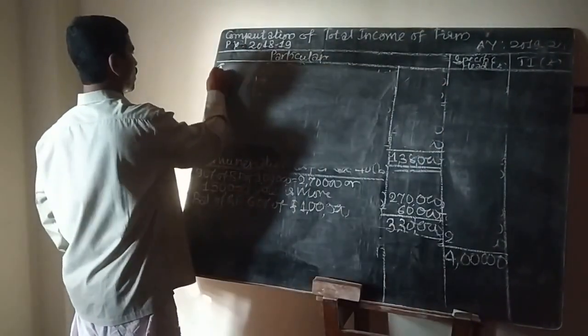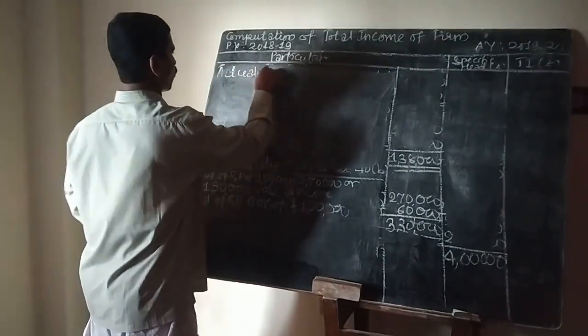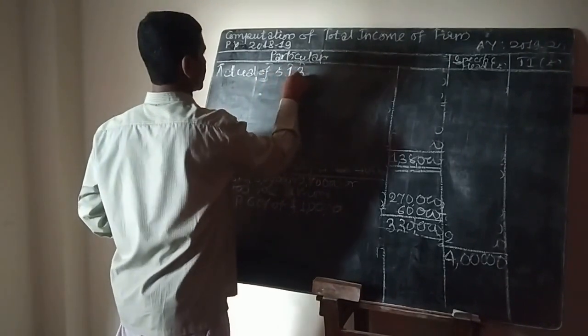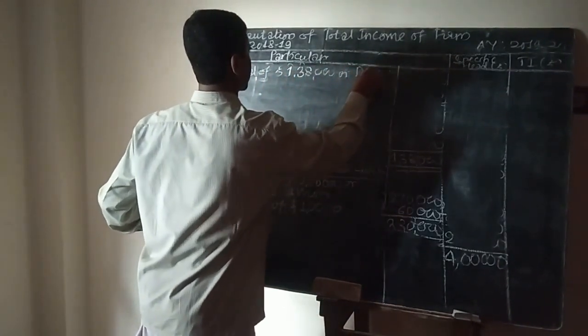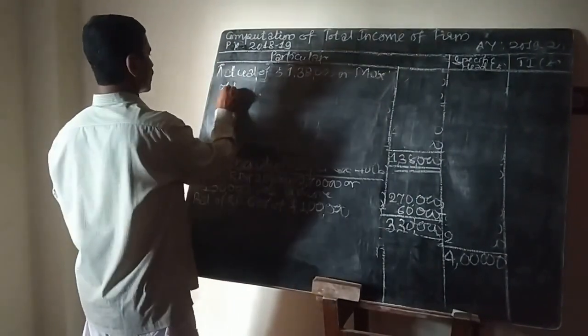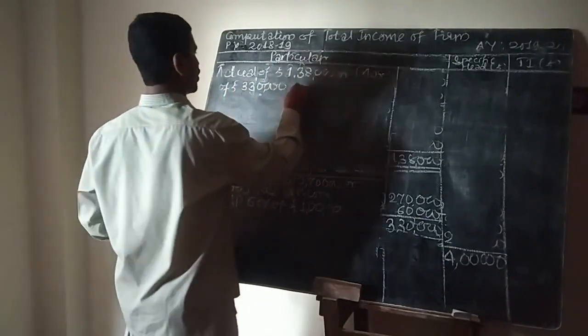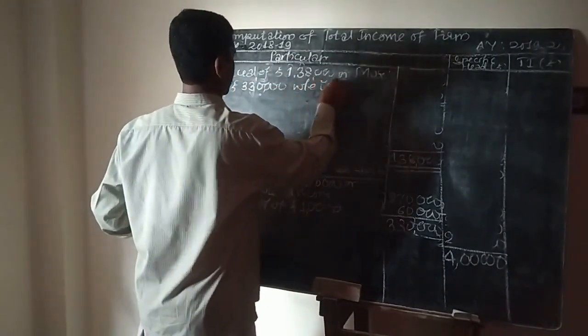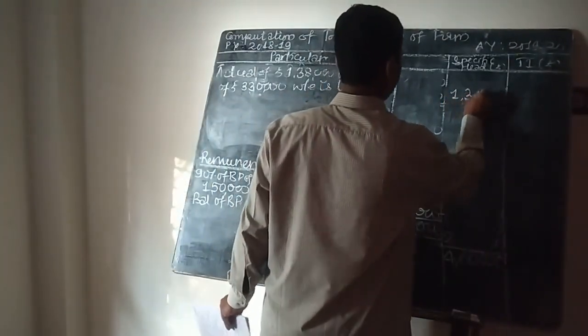So the actual of rupees 1,38,000 or the maximum of rupees 3,30,000, whichever is less, comes to 1,38,000.